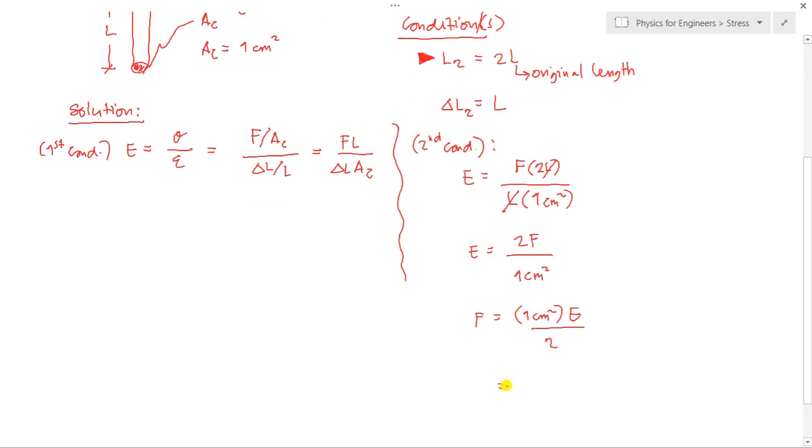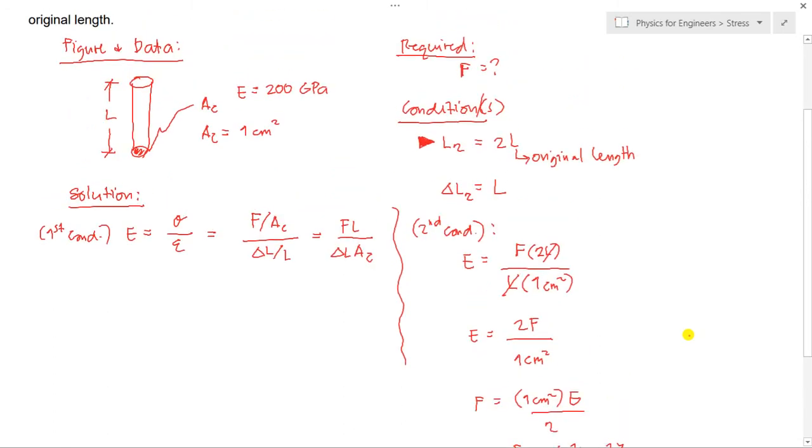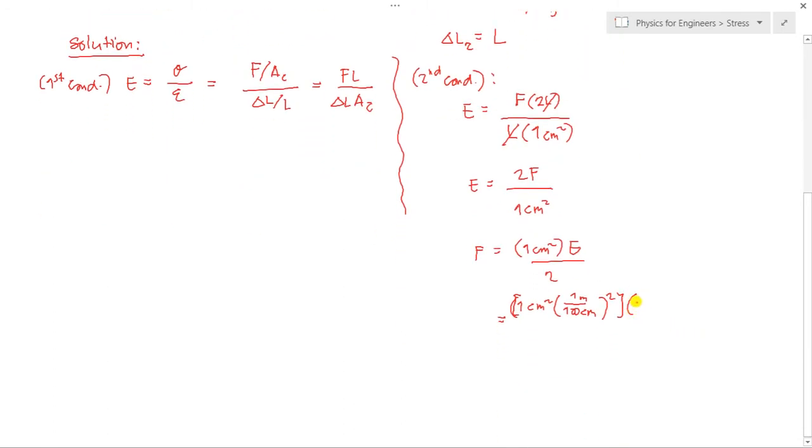Okay? So let's substitute the values. To have uniform dimensions, we convert the centimeter into meter. That is 100 cm equals 1 meter. Since it is squared, we also square it. Then our E is 200 gigapascal, or 200 times 10 to the power of 9 newton per meter squared, divided by 2.